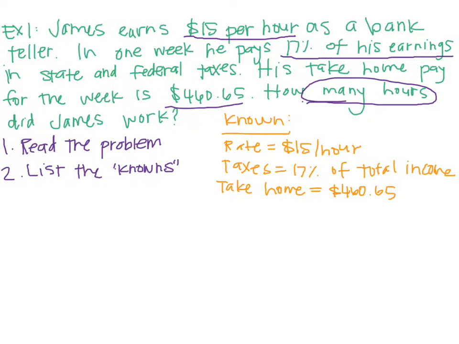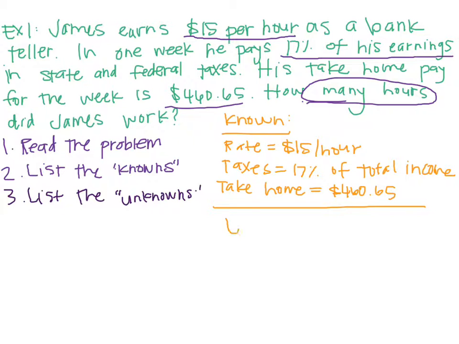Let's move on to step 3, which is to list the unknowns. So what things are unknown? Well, first of all, I need to figure out how many hours he worked. So I'm going to say T, which is time, or hours worked, is something that is unknown right now.